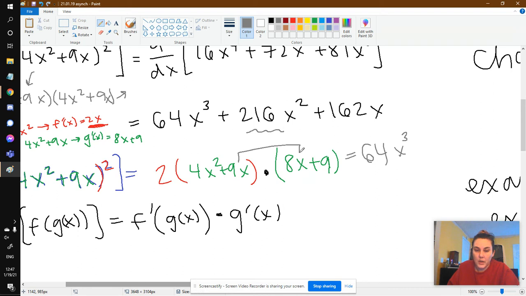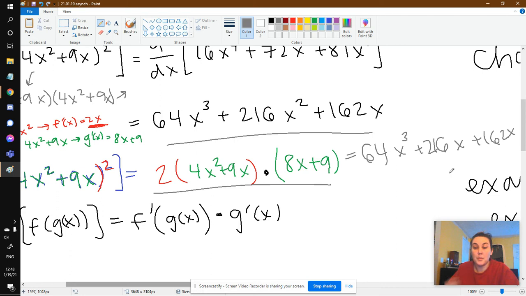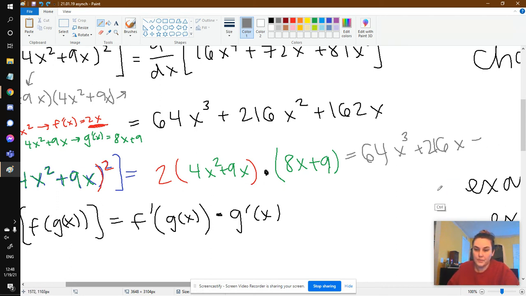We get 8 times 9 is 72, times 2 is something else. That's part of this. Added together, that's 216. And then 9 times 9 is 81, times 2 is 162, times x. So both of these derivatives are the same. Both methods are the same because our rule works, which is pretty good. This is equal to that.